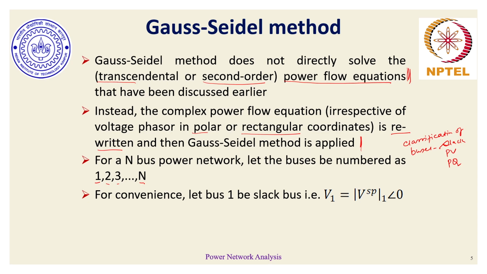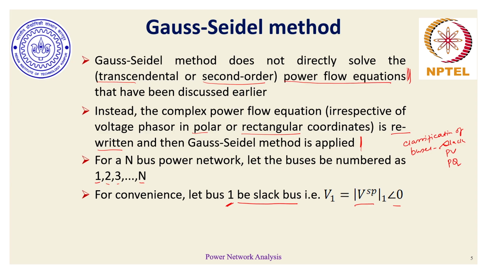And for the sake of discussion, we will assume bus 1 to be the slack bus, which is one unique bus, and it is acting as the angle reference as well as the voltage reference for all other bus voltages. So we are choosing bus 1 to be the slack bus, although the discussion would remain the same. The bus numbers may be changed as per convenience.